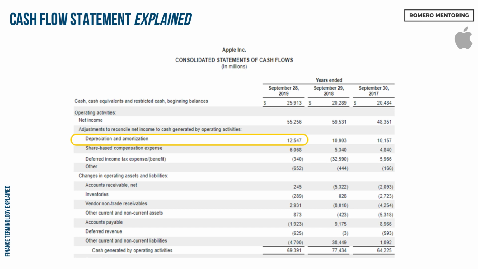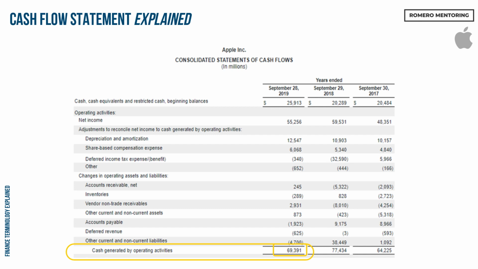You'll see that depreciation and amortization is $12.5 billion, and they added back share-based compensation of about $6 billion. They also accounted for their changes in working capital, their current assets and current liabilities, and the aggregate of all of this was a positive cash flow for 2019.